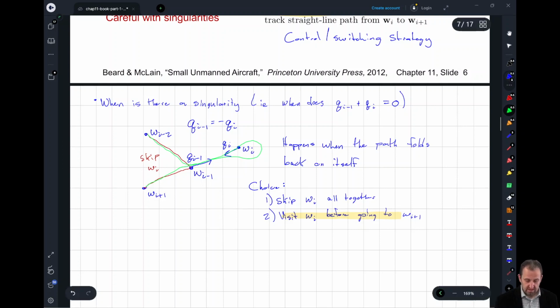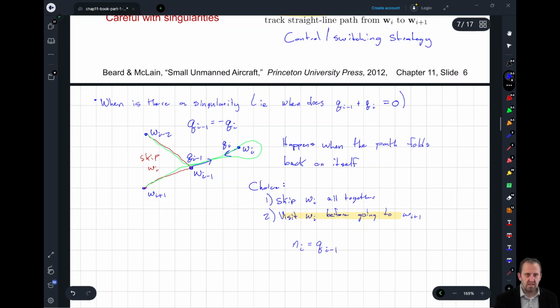And there could be any number of possibilities in between. Maybe you go halfway, maybe you go a quarter way, right? Before deciding to circle back on yourself. Okay, so in this case, we still need to define our normal. So our normal, normal i, we're just going to let be equal to qi minus 1.